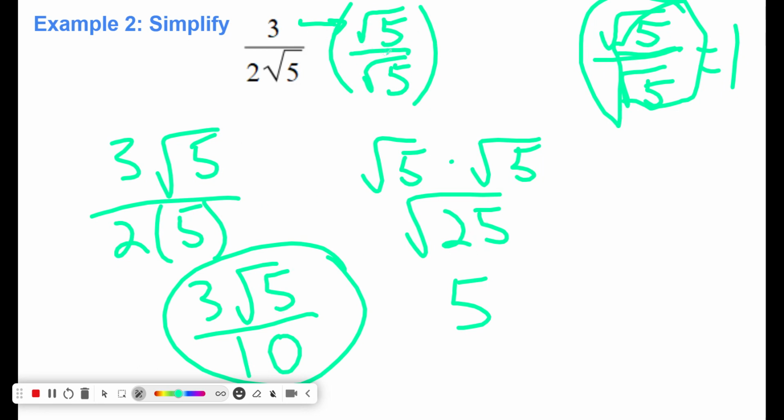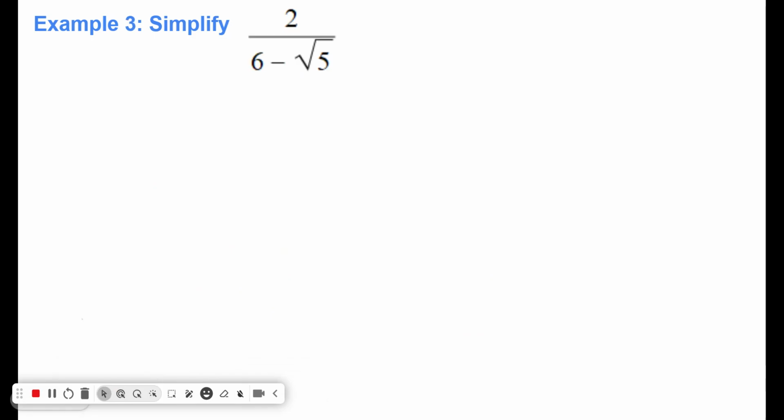All right, that's all well and good. Multiplying by a creative version of 1 here. But if we need to use the conjugate, what is that going to look like? Example 3, 2 over 6 minus the square root of 5. Okay, so we've got a binomial here, we've got two things going on. So we're going to have to be a little creative here in how we rationalize this.